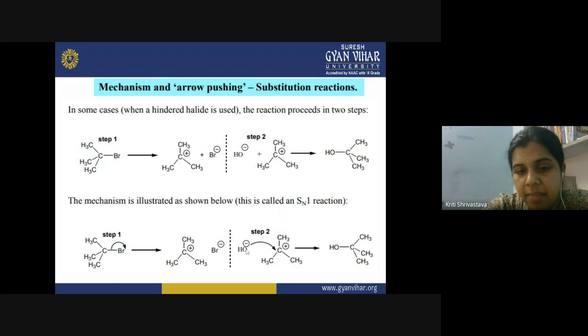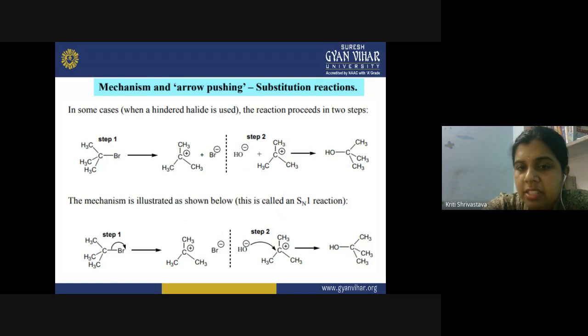In the second step, the OH minus approaches the planar, sp2 hybridized carbocation, and it attacks the carbon which is positively charged, getting attached to the carbon. So in the second step you get your product.